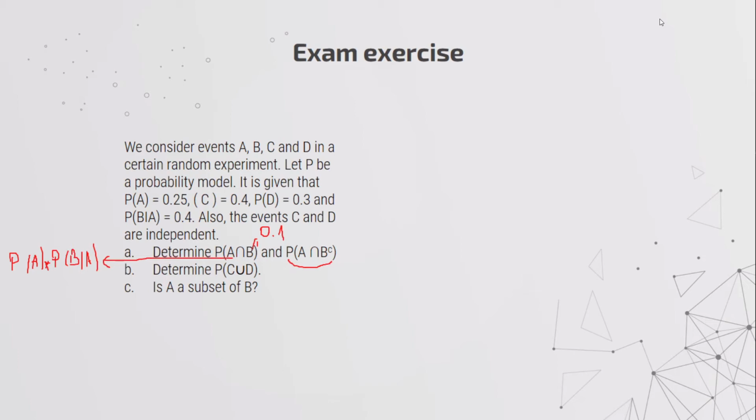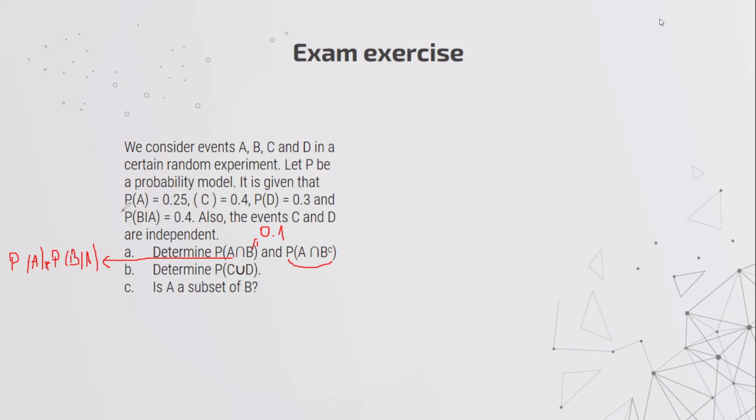Do you have an answer for A intersection B complement? Would that be 0.15? Yes. And how do you calculate this one?